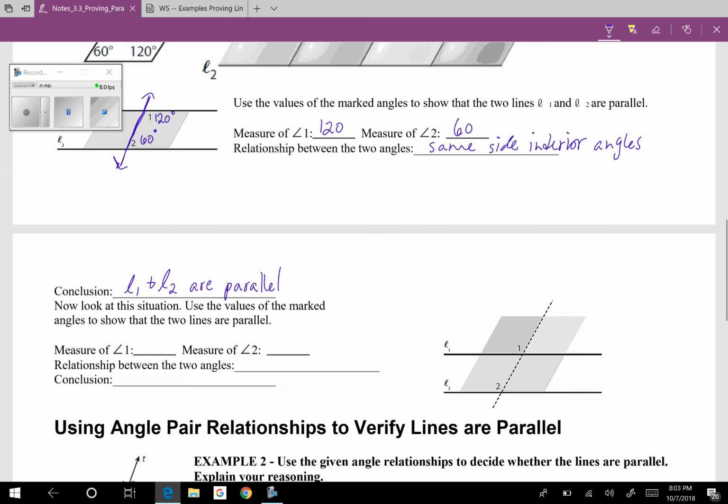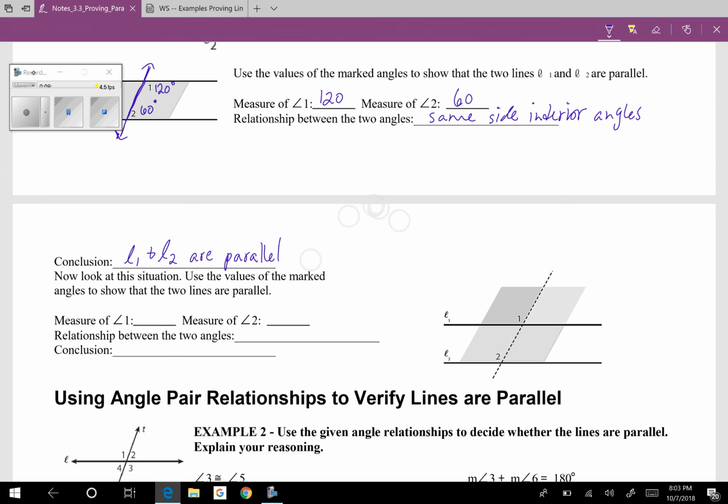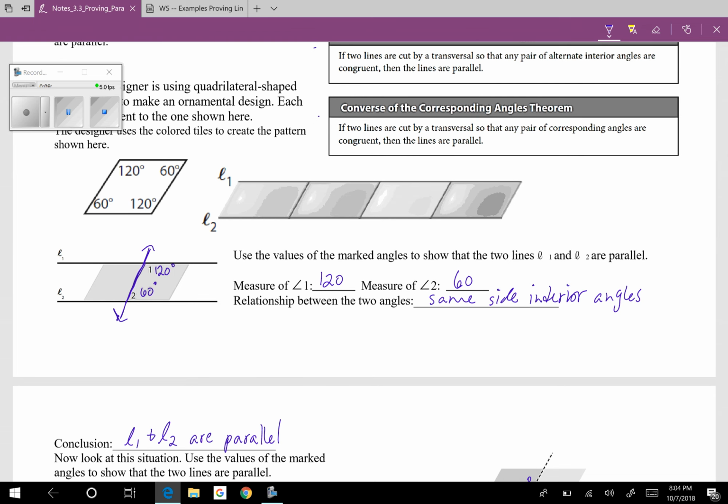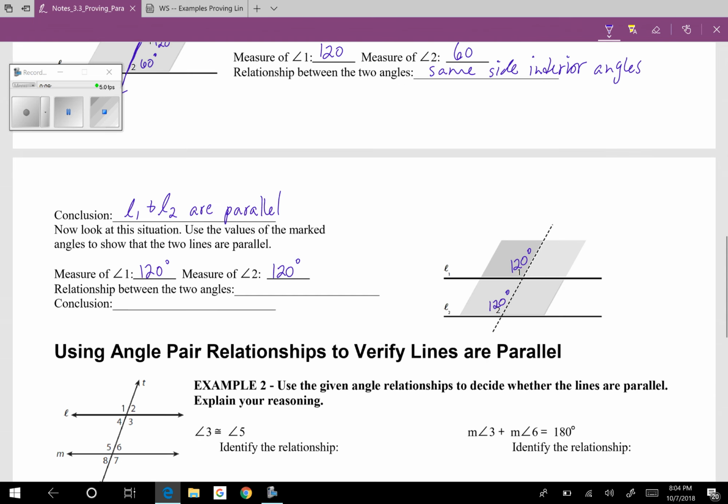If you look back on the front, we know that this one here is 120, and this one here is also 120. So the measure of angle 1 is 120. Measure of angle 2 is 120. And I'm referencing our original picture on the front. This one tells us the angle measures. All right, what's the relationship between angle 1 and angle 2?